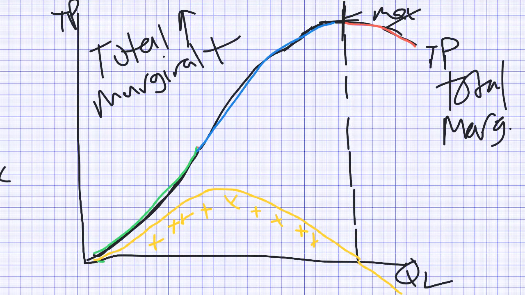So this yellow line is our marginal product of labor line. And remember, if you go back over and look at the notes that you're taking, marginal product of labor times the price, or the marginal revenue, is going to equal the marginal revenue product. So when you take this yellow line and you take it times a certain number, you're just going to move that line upward, and that becomes the marginal revenue product line.